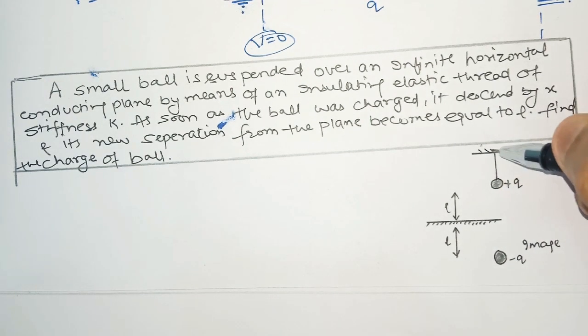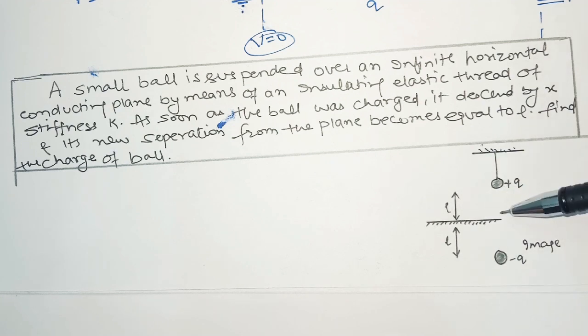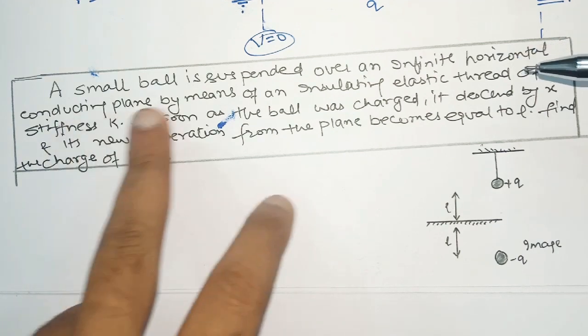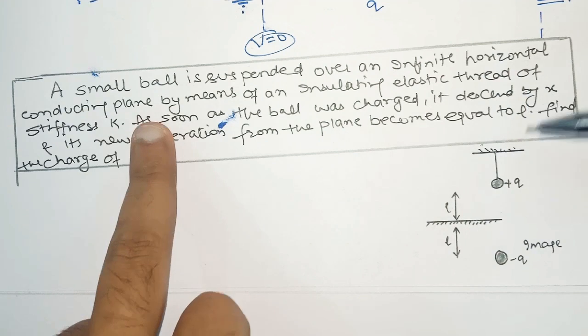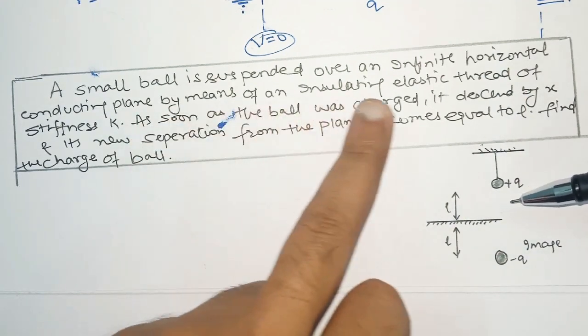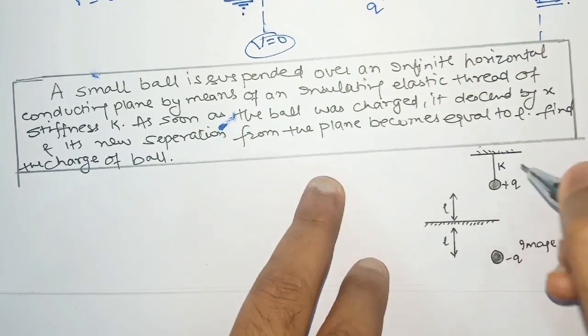This is the infinite horizontal conducting plane, and the separation between the plane and the charged ball is L. As given, a small ball is suspended over the plane by means of an insulating elastic thread having stiffness k.